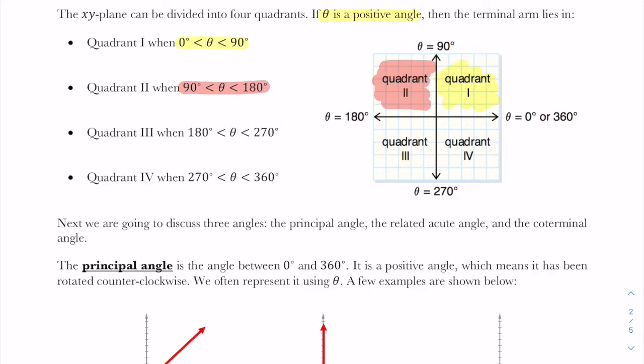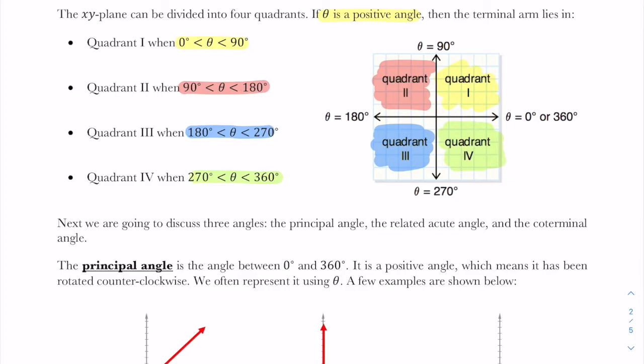If your angle is between 180 and 270 degrees, we're guaranteed to find the terminal arm somewhere in quadrant 3. And finally, if your angle is somewhere between 270 and 360 degrees, we're guaranteed to find the terminal arm somewhere in quadrant 4.